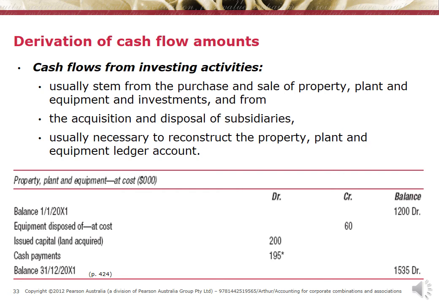So this reconciles to slide 27 as payments for property, plant and equipment, $195,000 within investing activities. So that's our outflows. Our inflows were given to us in the question, so we didn't need to do any reconstruction to determine that, and that's all we have to do for investing activities.